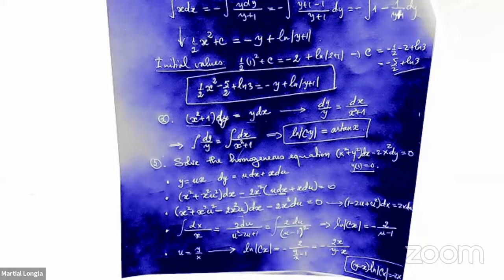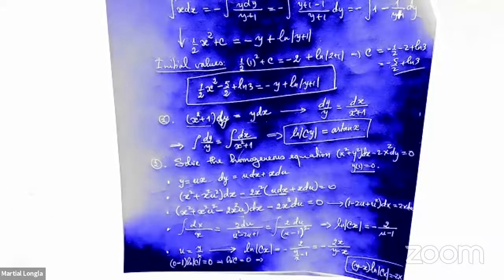Now, you want to use the initial values that were given: y of 1 equals 0. So when x is 1, y is 0. That's going to be (0 minus 1) times ln of the absolute value of c equals minus 2 times x, and that side x is 1, so... sorry, that gives you ln of c is 0.